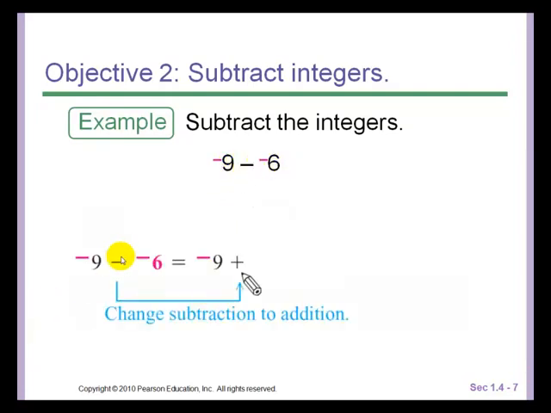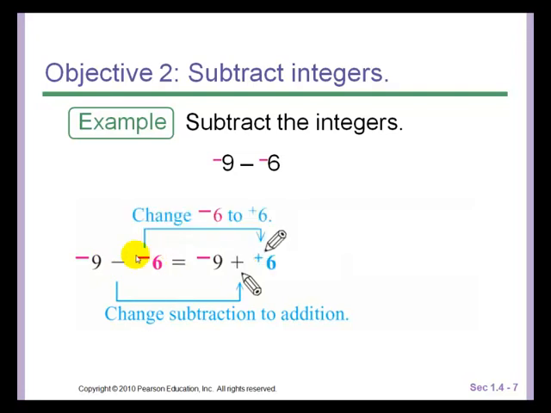Again, we're going to change this subtraction to an addition. Notice how we have the different colors. This black dash is the operation subtraction. These red dashes are signs, namely that these are negative numbers. It's the same symbol, but they mean different things. That can also be very confusing. Okay, so we change the subtraction to an addition.